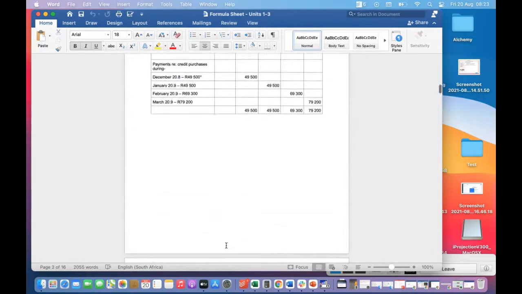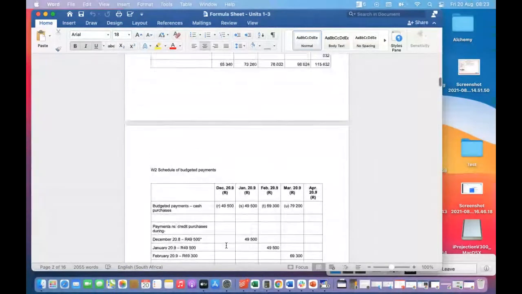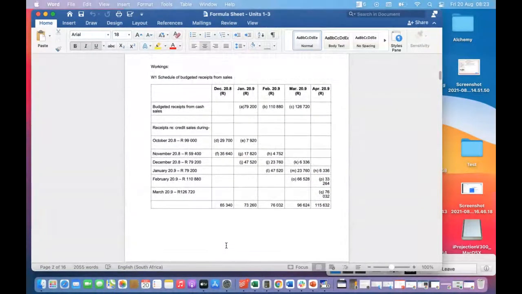But the first thing that you want to do when building your schedule, and the way you build your schedule for receipts and the way you build your schedule for payments is exactly the same. First thing you want to do is say, okay, this schedule, for which months am I doing it? We're doing it for December all the way until April, and the budgeted receipts were focused on January, February, and March.